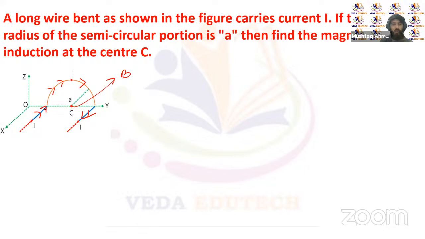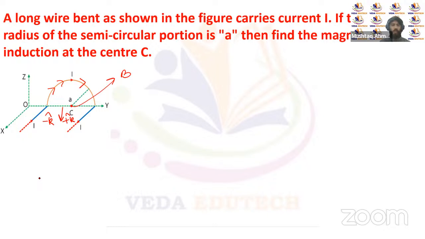The direction of the magnetic field due to this wire will be downward, so a minus k cap direction, and because of this wire it will be a plus k cap direction.